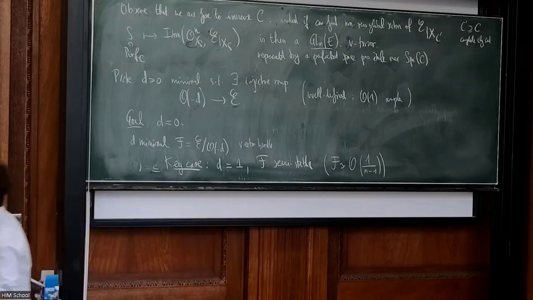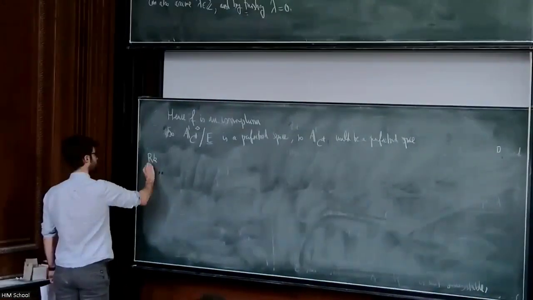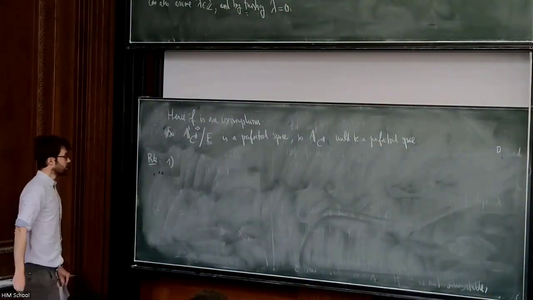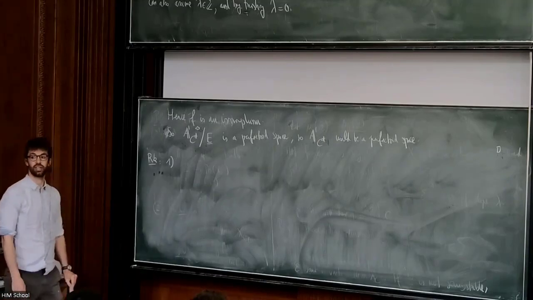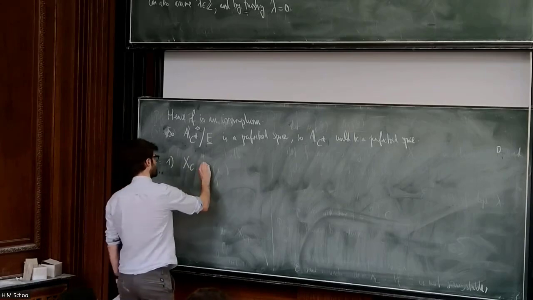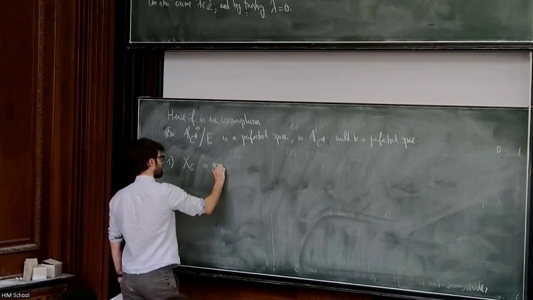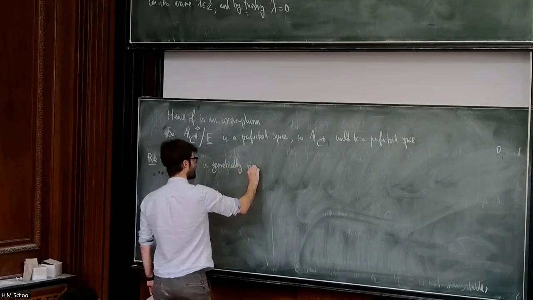Okay, so let me add two remarks about this statement. First remark is that from this classification theorem, as observed by Fargues-Fontaine, you can deduce that the Fargues-Fontaine curve is geometrically simply connected.